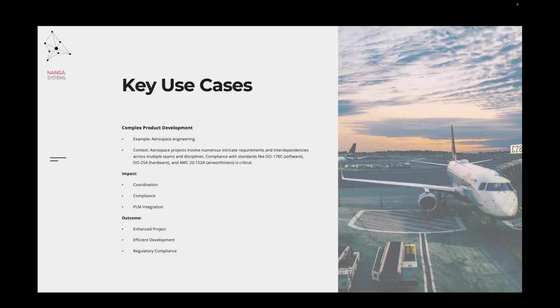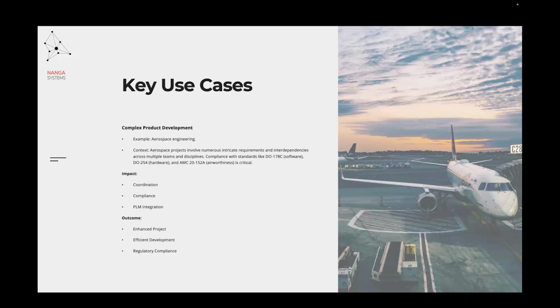The impact here is coordination, compliance, and the integration of the overall product development life cycle. Coordination, where requirements management ensures seamless coordination between different teams, managing dependencies and aligning efforts.